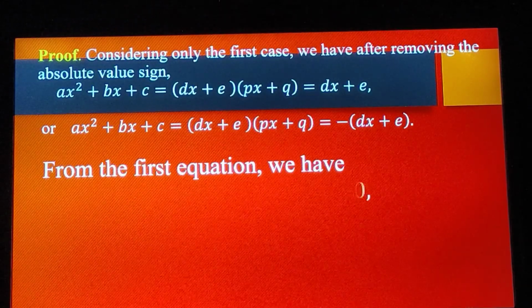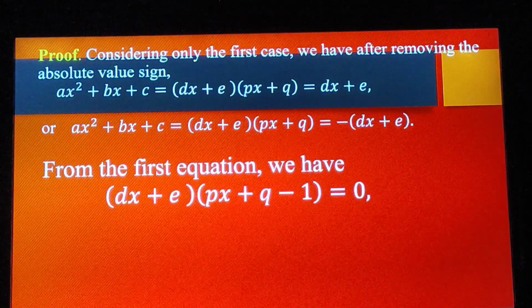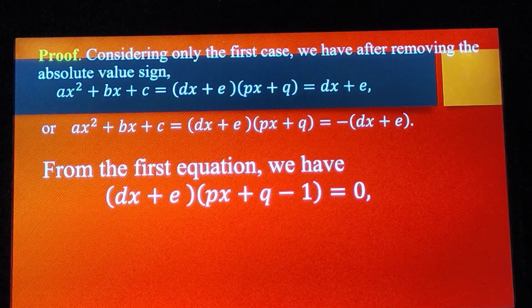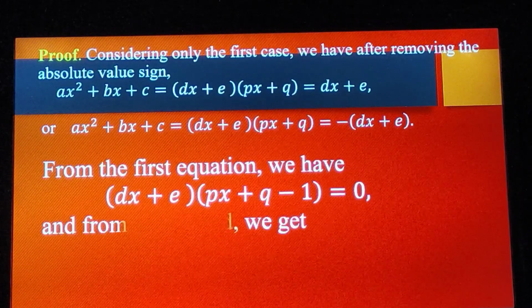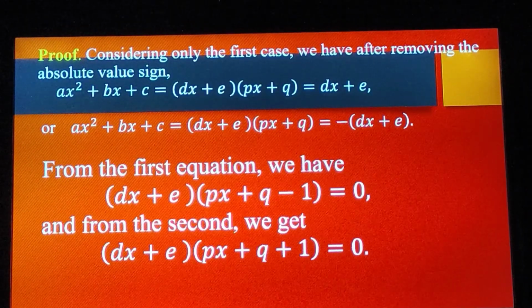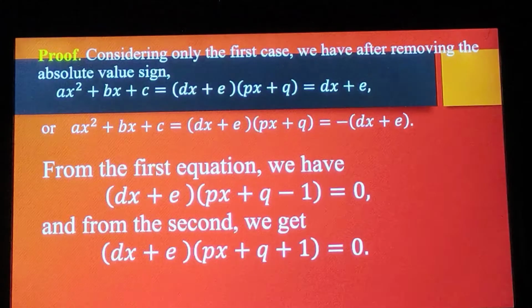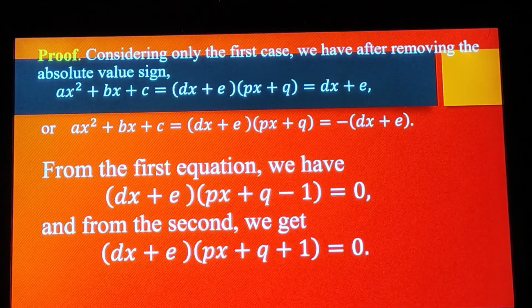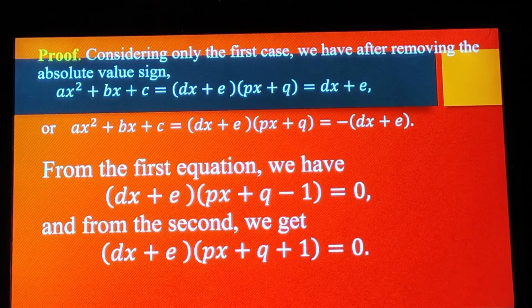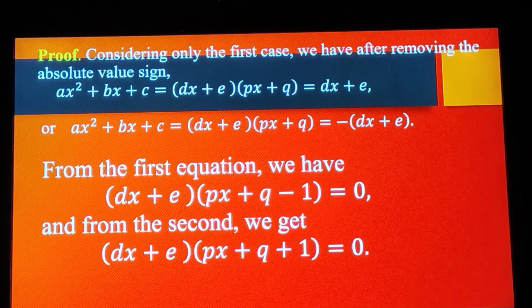And from the first equation, we have dx plus e times bx plus q minus 1 equals 0. And from the second, we get dx plus e times bx plus q plus 1 equals 0.